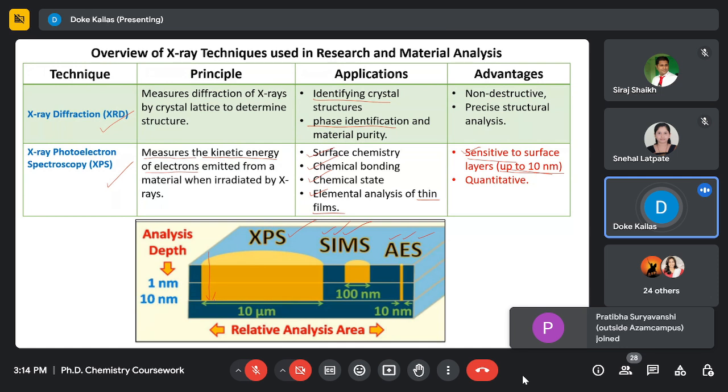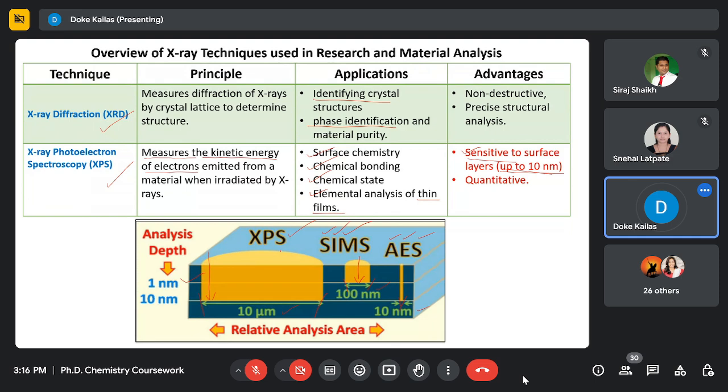So of these 10 micrometer, 100 nanometer and 10 nanometer, 10 micrometer is the bigger size. Therefore, X-ray photoelectron spectroscopy is more sensitive compared to the other two techniques which are normally used in sample material analysis or surface analysis.